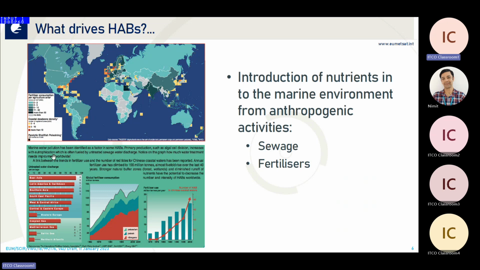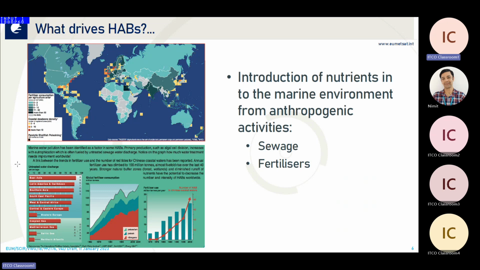It says there's a link between the trends in fertilizer use and the number of red tides for Chinese coastal waters. Annual fertilizer use has climbed 156 million tons in 40 years, and it continues increasing.